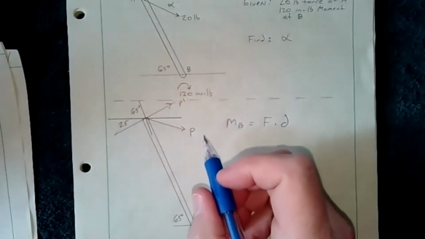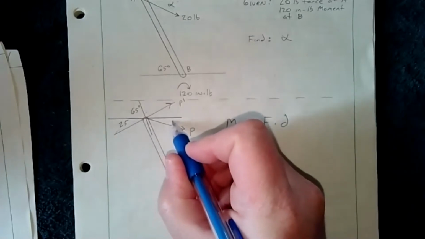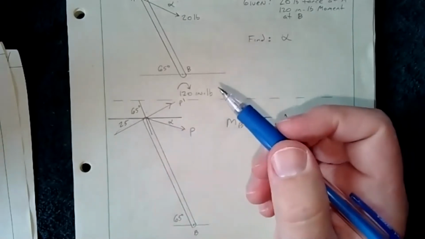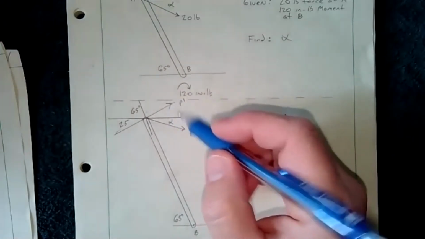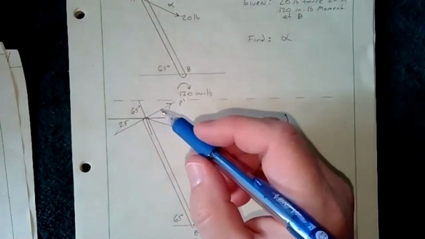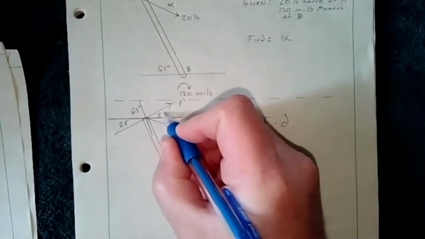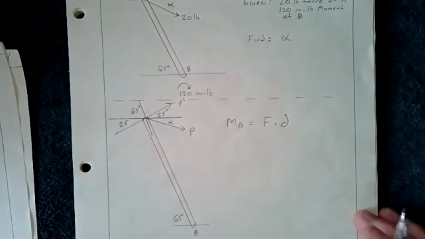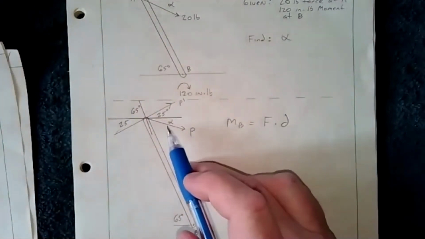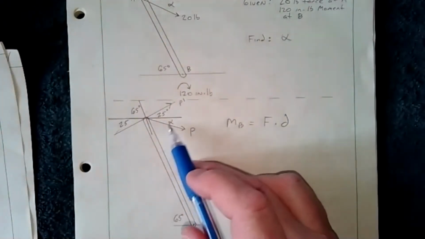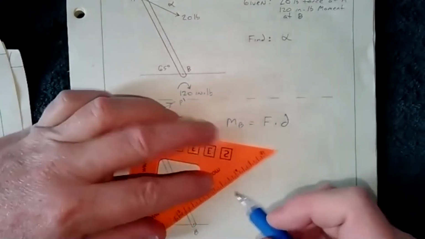This is my unknown angle, but I can infer what it is because I know this has to be 25 degrees. And so if I were to redraw my triangle here, let me just draw it a little bigger.